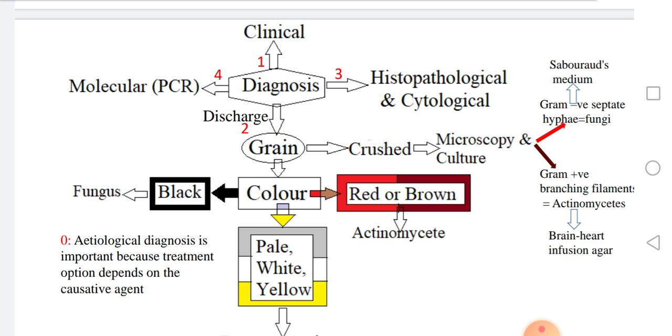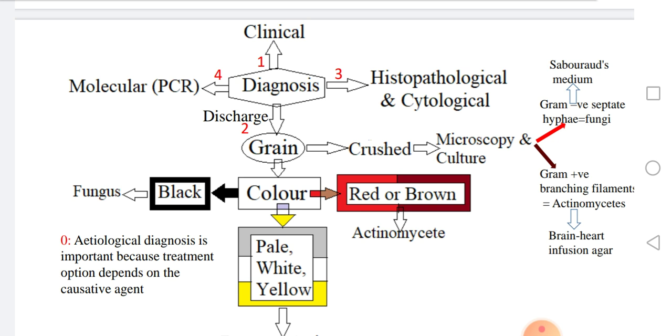Then after the clinical diagnosis, you go and take the discharge, and then you clean the grains and you identify the color of the grains. The color of the grains is important in etiological diagnosis.